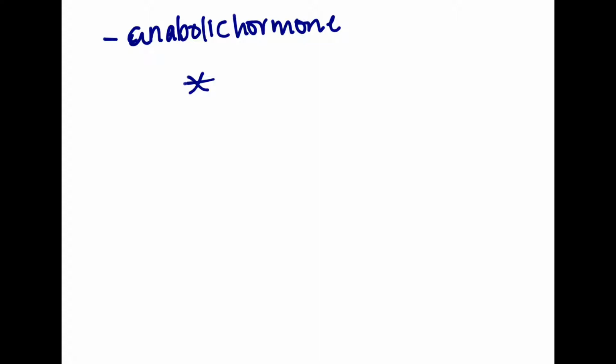Now we're going to talk about the functions of growth hormone. Like I said, growth hormone is an anabolic hormone, meaning it builds things up, just like insulin. It's responsible for protein synthesis.